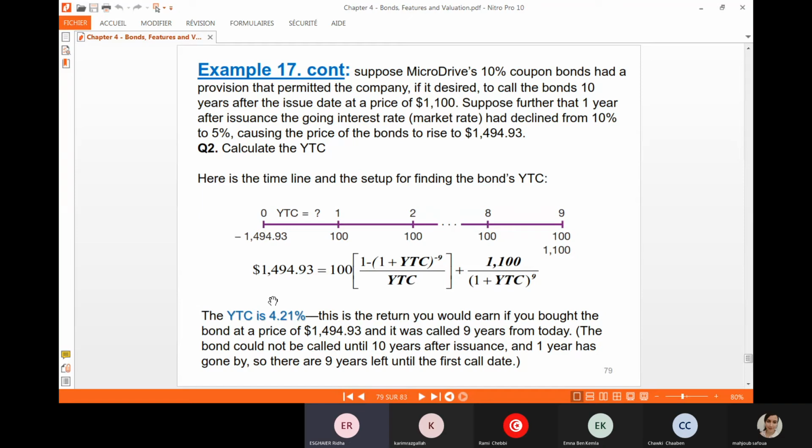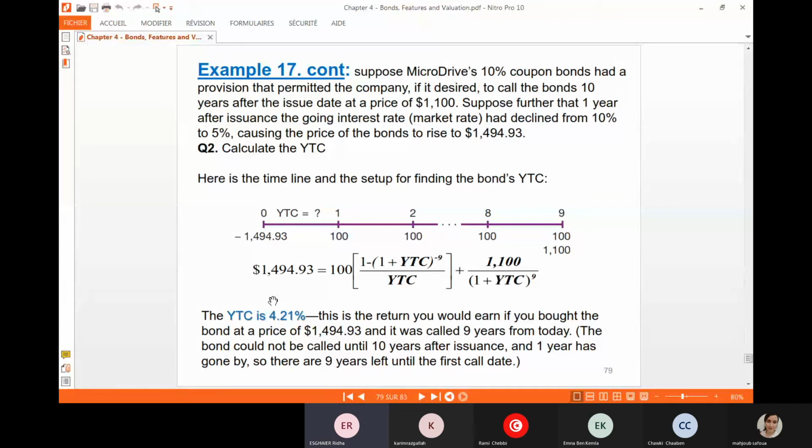If the company decides to call it, it can only call after 10 years from issuance. And what is the call price? As we said, the call price is always higher than the par value but less than the current price. Here the call price is 1100, so you have a premium of 100.